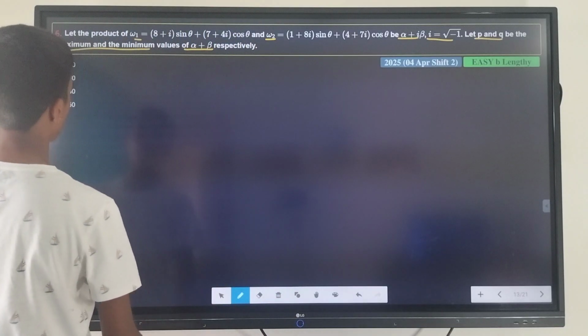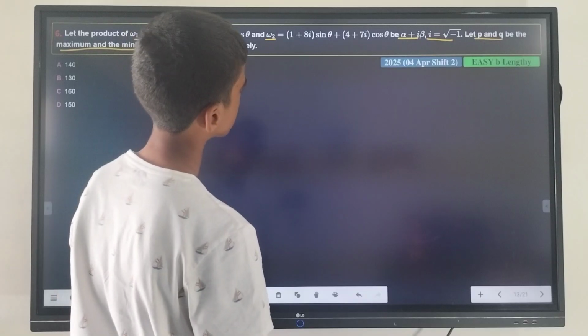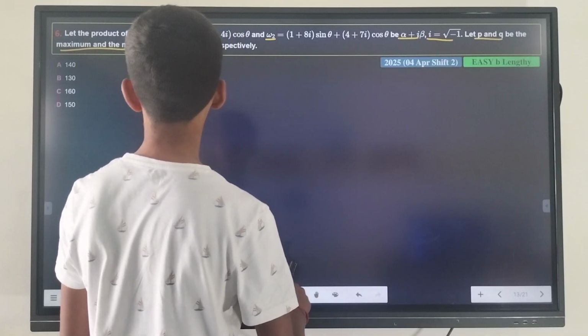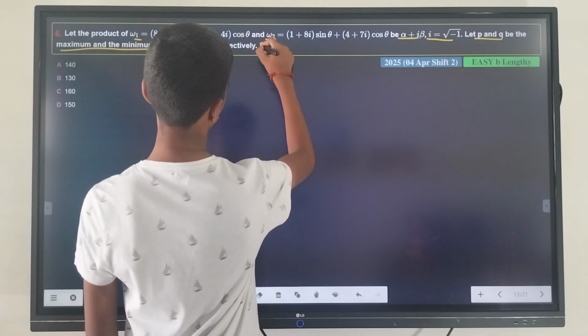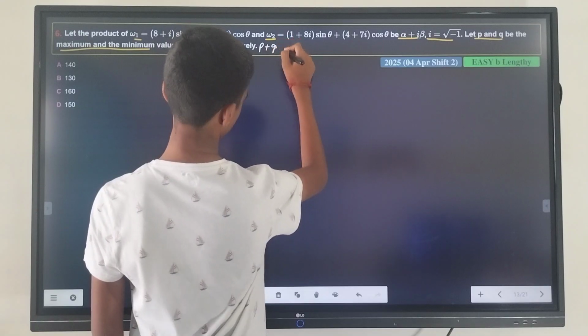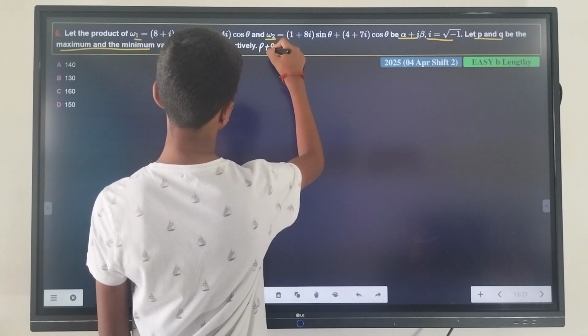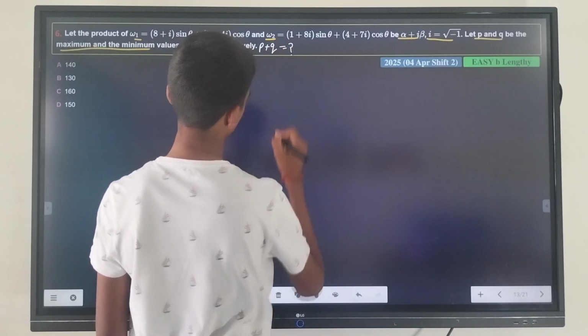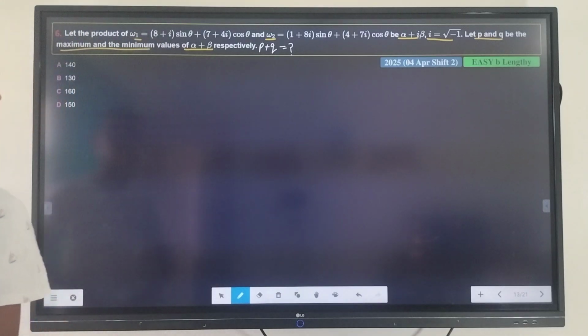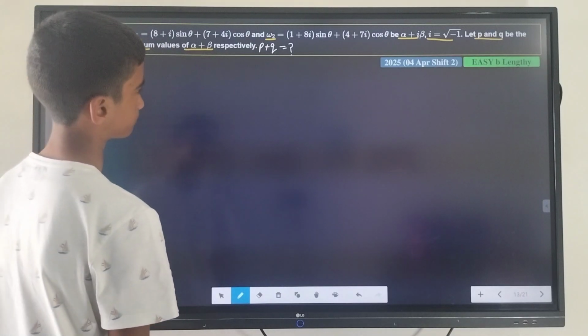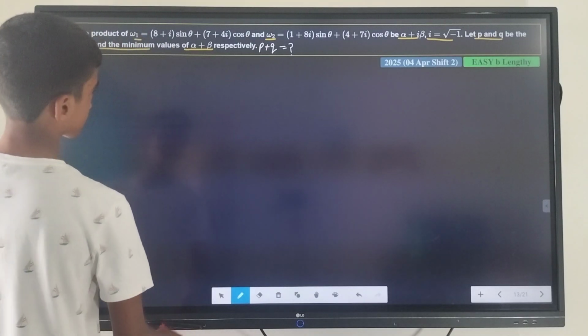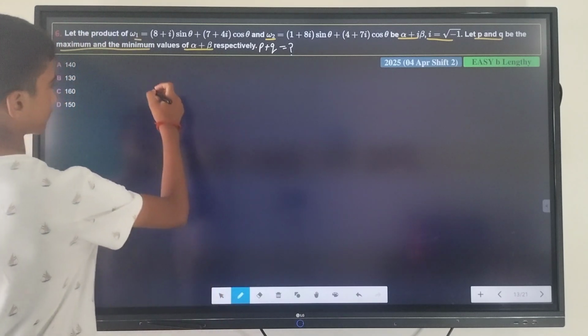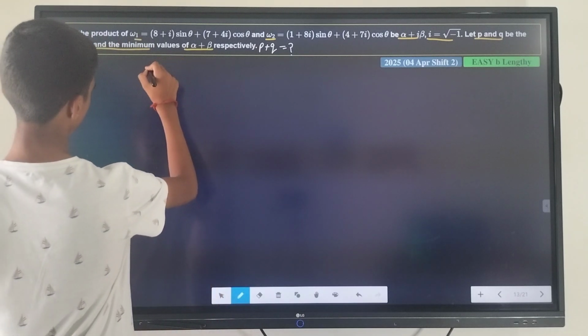Then here we have asked P plus Q is equal to. So here in this question, first let's write omega 1 perfectly and the same for omega 2.